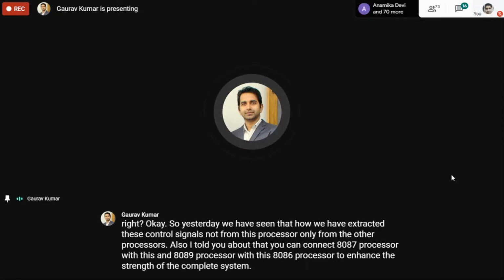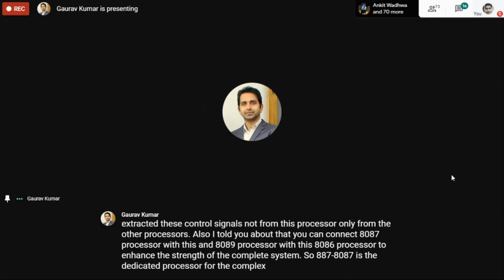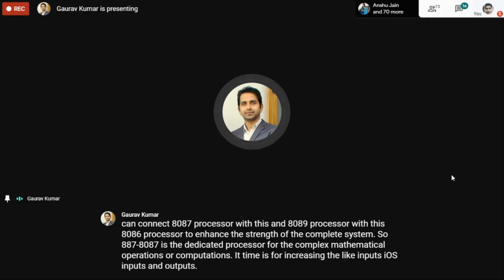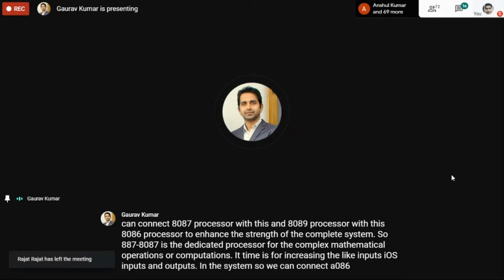So 8087 is a dedicated processor for complex mathematical operations or computations. 8089 is for increasing the inputs and outputs in the system. So we can connect the 8086 with the 8087 and 8089 for these kinds of operations.